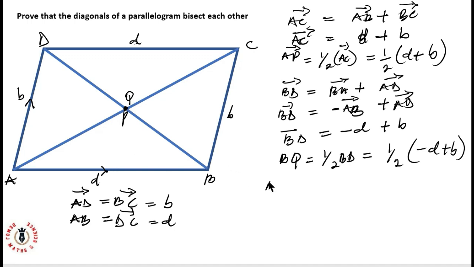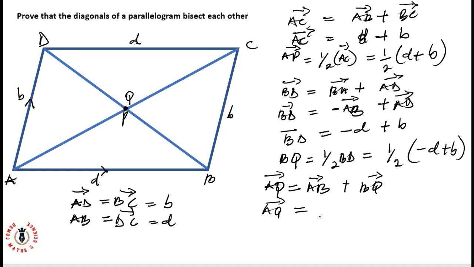Now if you look at AQ, it is the same thing as AB plus BQ. So that AQ will be the same thing as AB.